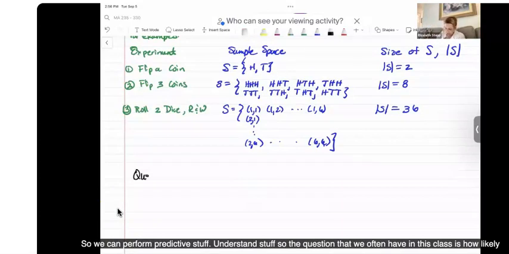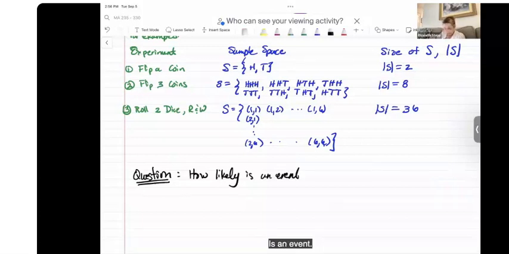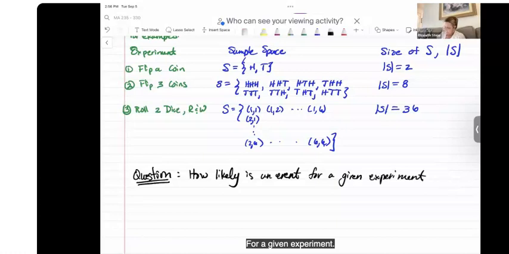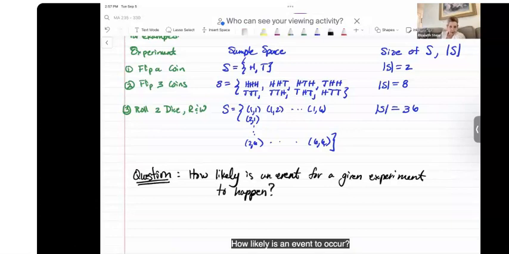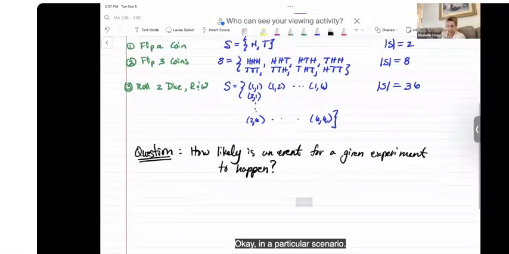So the question that we often have in this class is, how likely is an event for a given experiment to happen? I don't feel like I love the way I structured that sentence. How likely is an event to occur in a particular scenario?